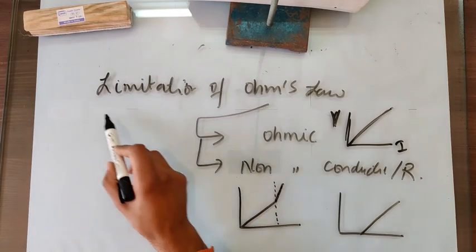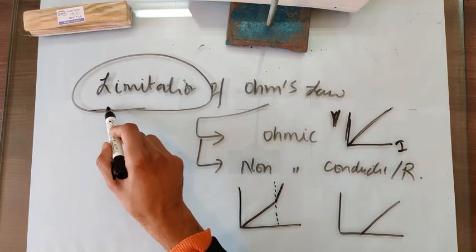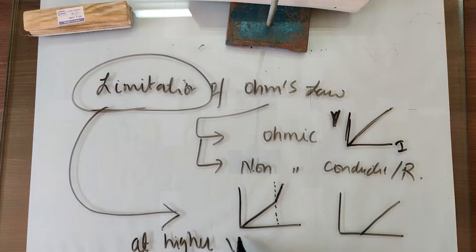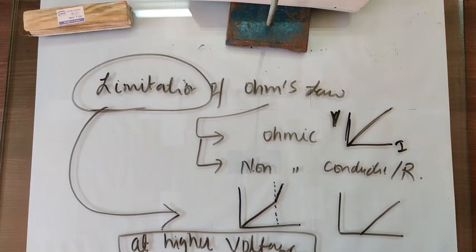So at higher voltage or higher temperature, for some of the materials, Ohm's law is not followed. At higher voltage, sometimes some metals do not follow Ohm's law.